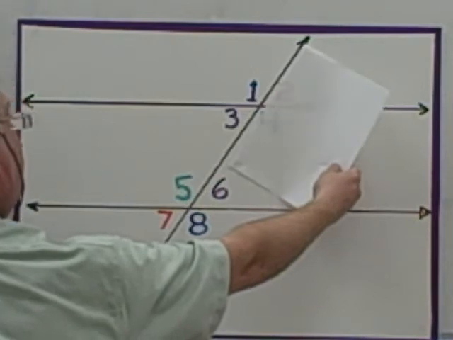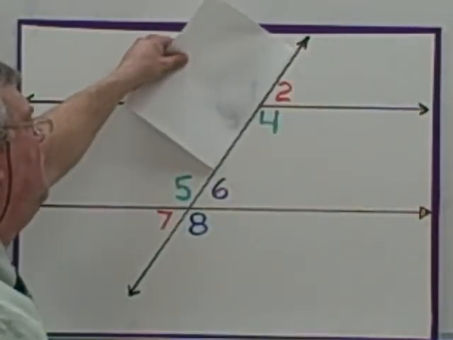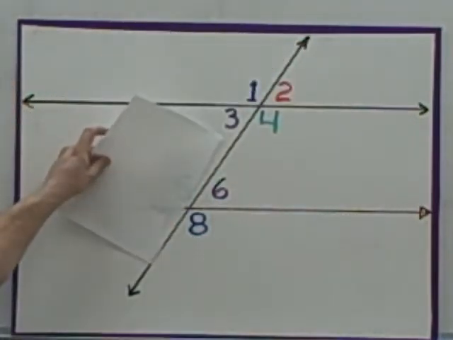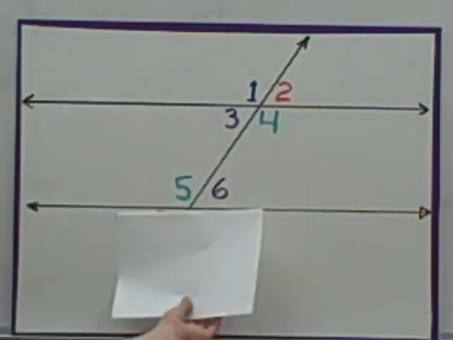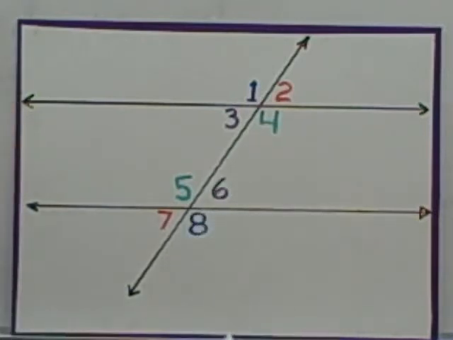So are these two. So are these two. So are these two. Anytime you see that straight line being formed, the two adjacent angles that form that straight line are supplementary.